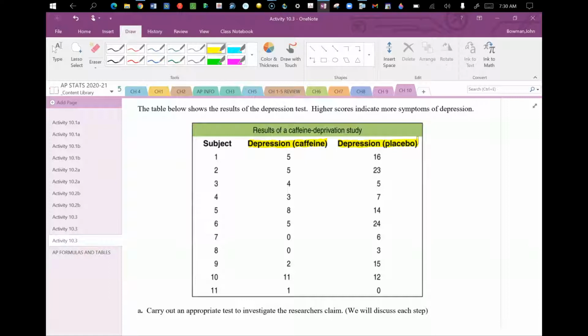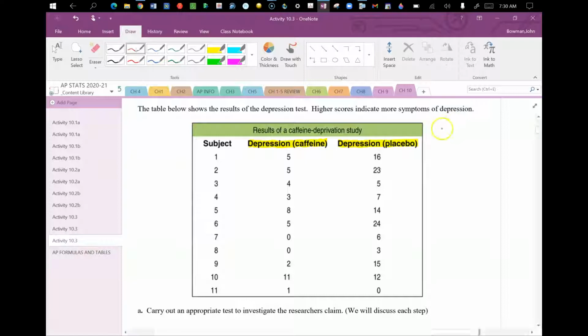So what we do is we go ahead and we find the differences of the two ratings, and then we do inference on the differences. So when you take the differences, it doesn't matter which you take, caffeine minus placebo or placebo minus caffeine, as long as you're careful when you study it.